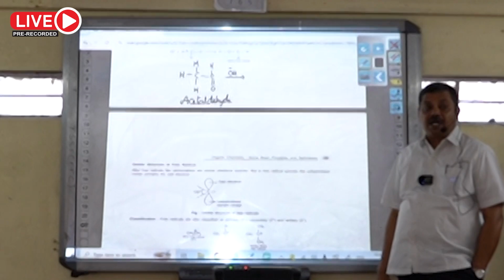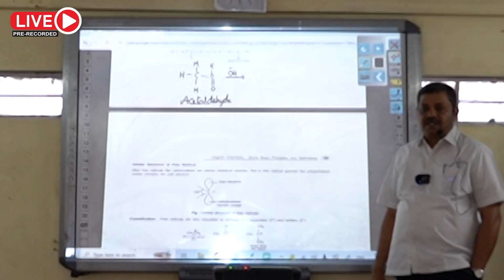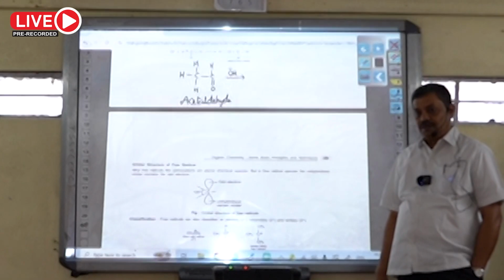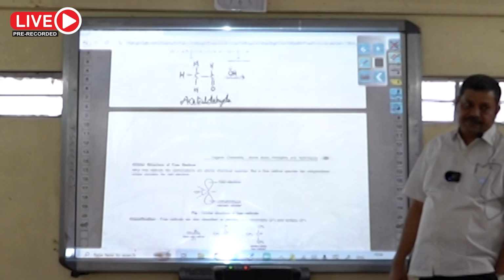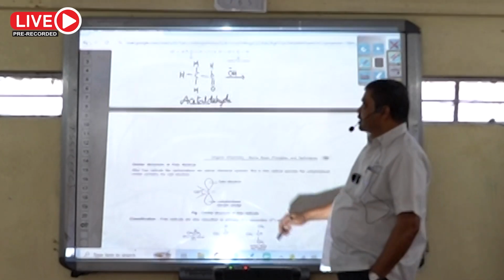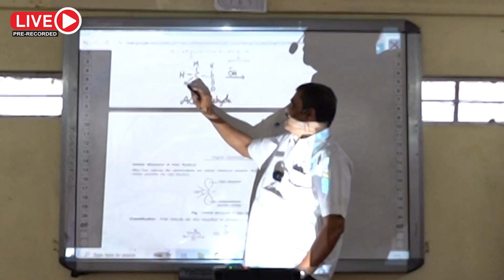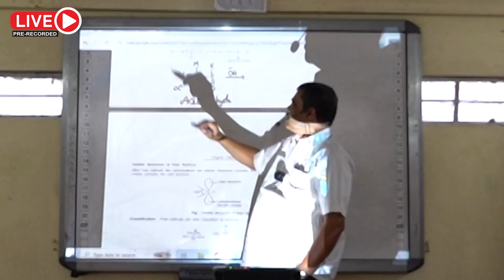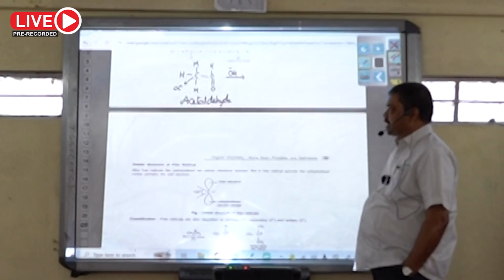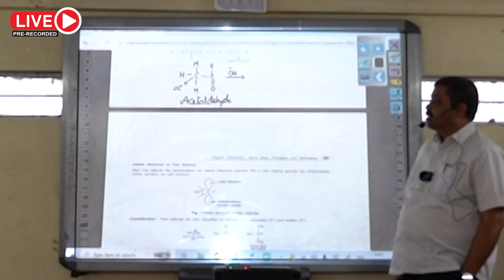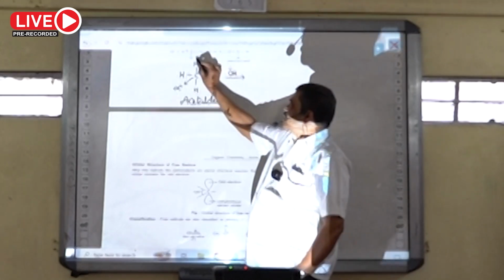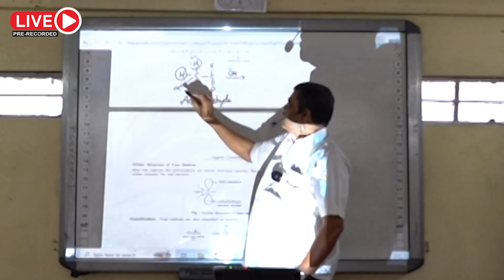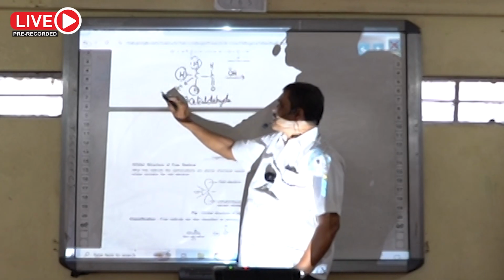IUPAC name is ethanal, not ethanol. Ethanol is ethyl alcohol, this is ethanal. Now this carbon is called alpha carbon. The carbon adjacent to the functional group is alpha, and it has 3 alpha hydrogens. These 3 hydrogens are alpha hydrogens.